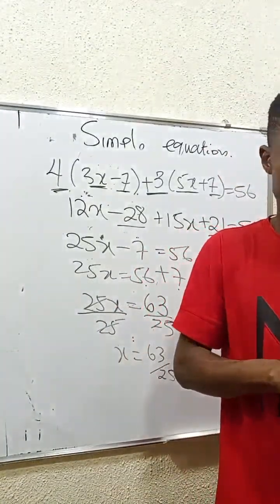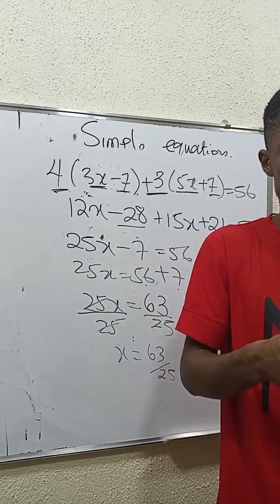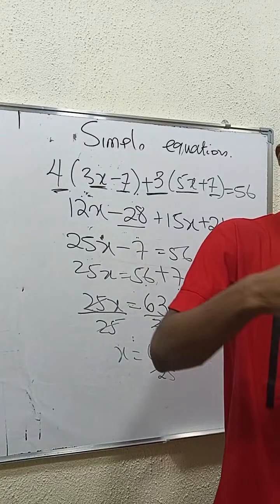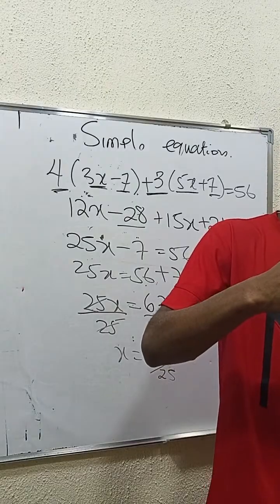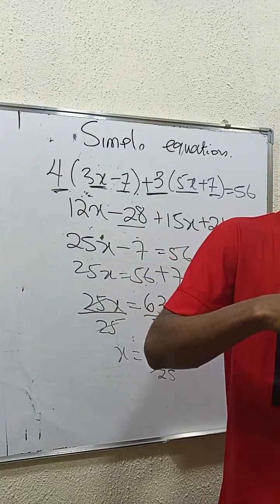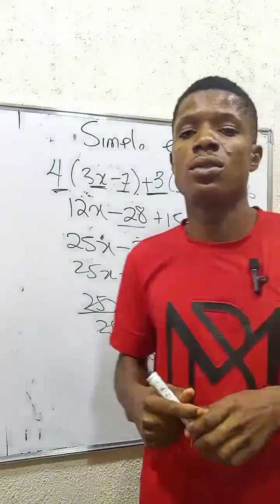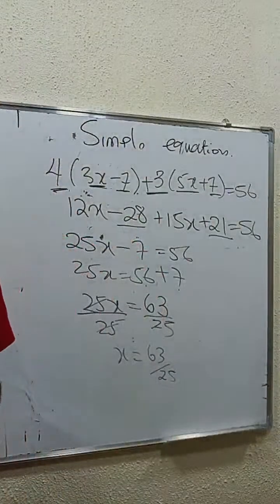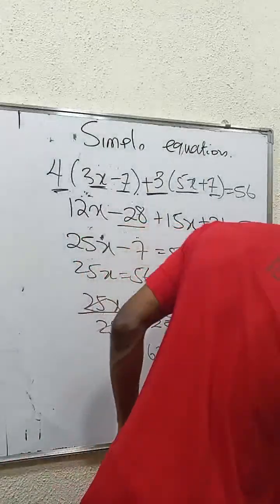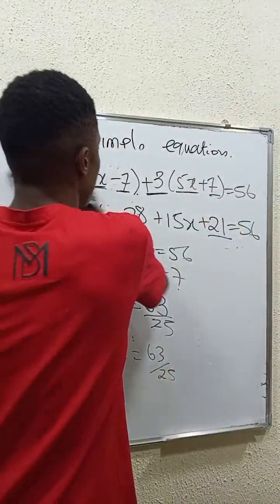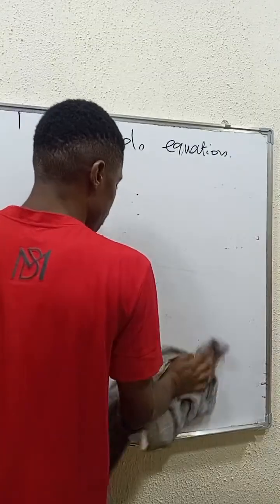After the collection of like terms, the next thing is to divide by the coefficient of x if there is any.